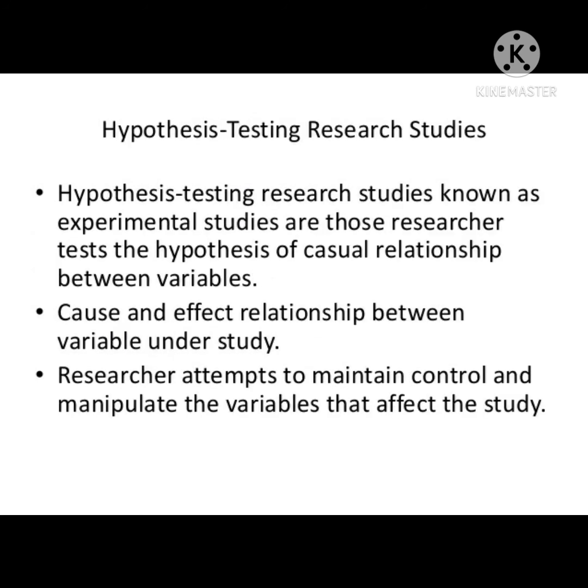Hypothesis testing research studies, known as experimental studies, are those where researchers test the hypothesis of a causal relationship between variables, that is, a cause and effect relationship between the variables under study. Researchers attempt to maintain control and manipulate the variables that affect the study.